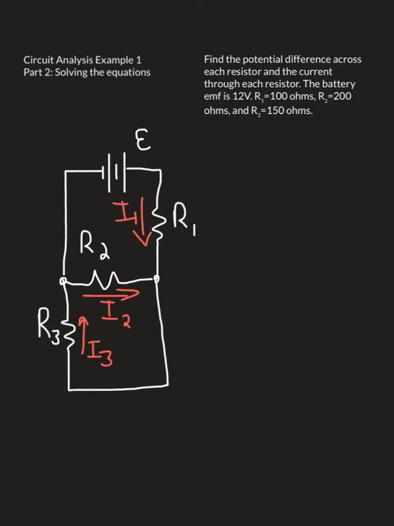Normally, I like to wait to the very end of the algebra manipulations to actually put numbers into my equations, but in this case, the equations get pretty gnarly. So I'm going to put the numbers in a little bit earlier than I normally do.